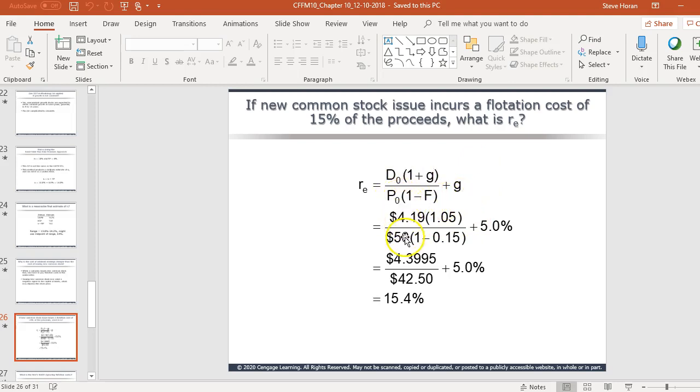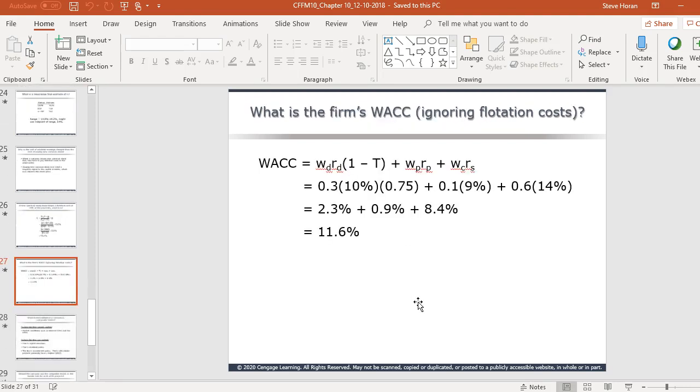Divide that by P0, $50, times 1 minus 0.15, with 0.15 being the flotation cost. And we get 15.4%. So that's higher than 14, right? So just using our own retained earnings, the cost was 14, but if I issue stock and have to incur the 15% flotation cost, now it's 15.4%.